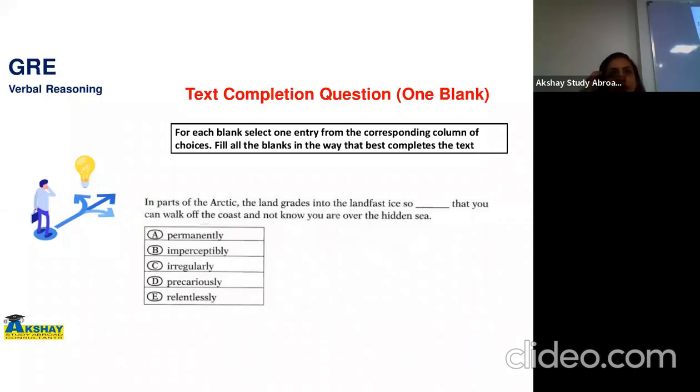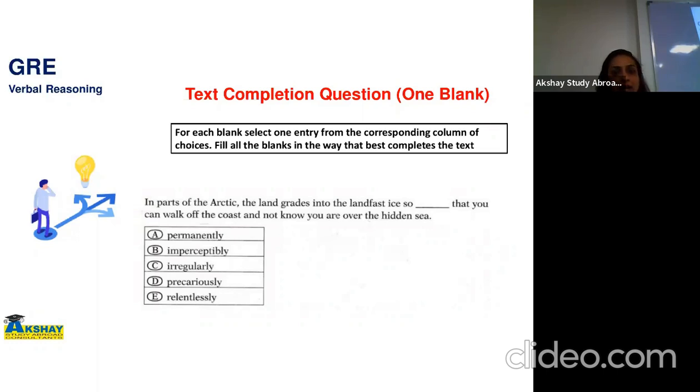So here the division is "so," that means at "that" you can divide the sentence into parts. So that you can walk off the coast and not know you are over hidden sea. Would you let me know the important textual clue here? What is the textual clue? Hidden sea, you're over hidden sea.